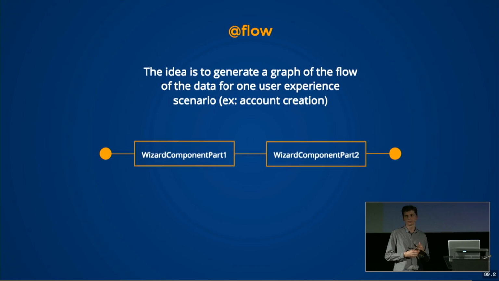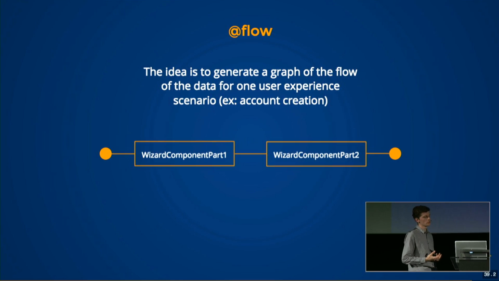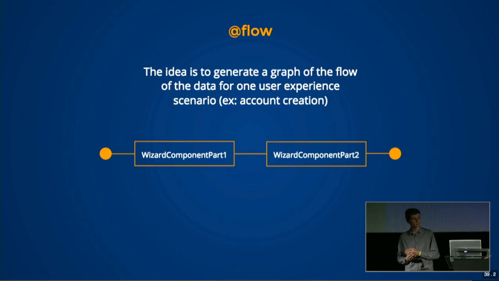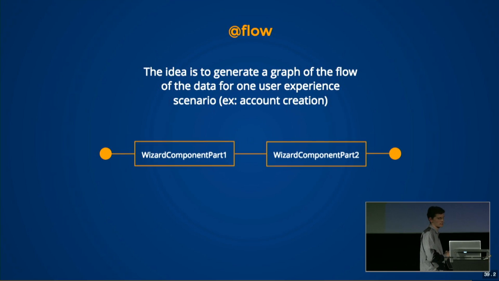It would be a way to extend your documentation with a workflow of the data and the user experience with this data. For example, during the account creation process in the application, the data starts from this component, passes through, for example, the wizard component part 1, then goes to another component, then to one or two services, and then goes outside with a REST API.